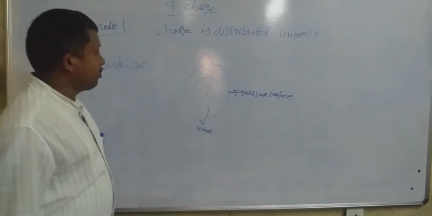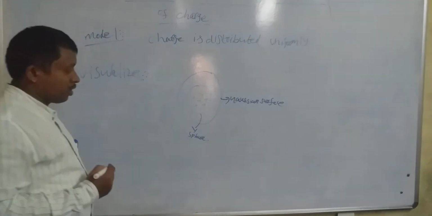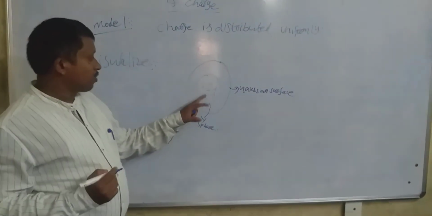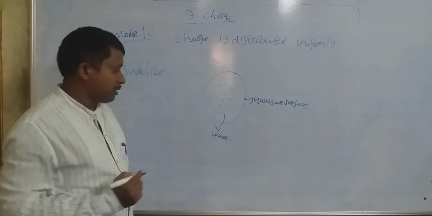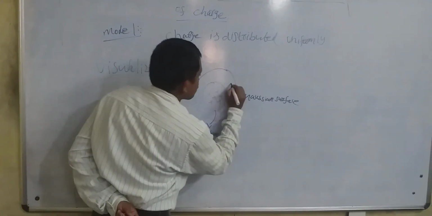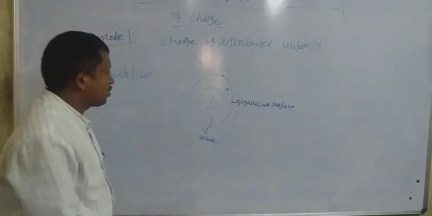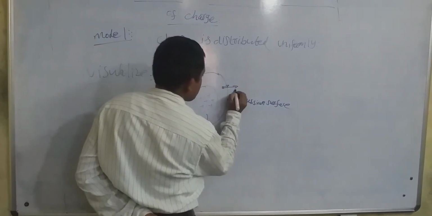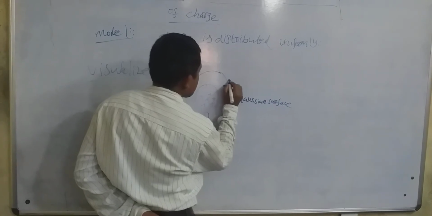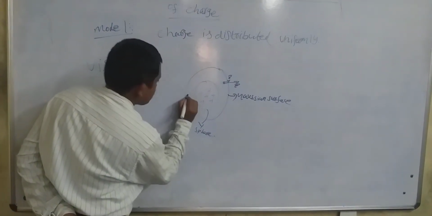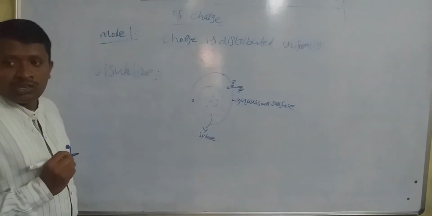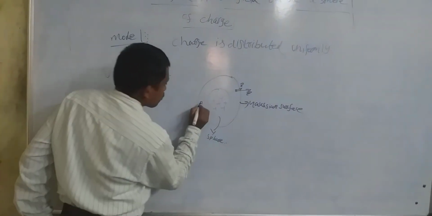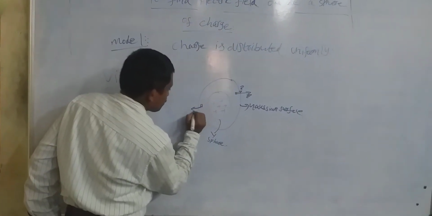So what about this point? Now I am going to find the electric field outside the sphere. Consider a small surface area here. If I consider this small surface area, the electric field comes out.